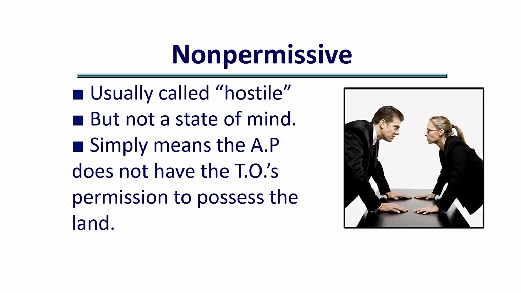Well, the answer is it depends on whether the adverse possessor acknowledges or accepts or acquiesces in the permission. If they admit, in effect, that they're now there with permission, they've lost their adverse possession claim. But if they reject the permission and say, no, I don't have your permission, I don't want it, and I'm still hostile, then they can succeed in getting title by adverse possession.